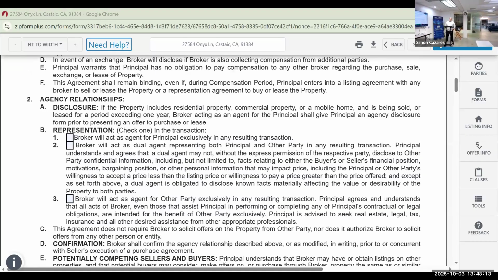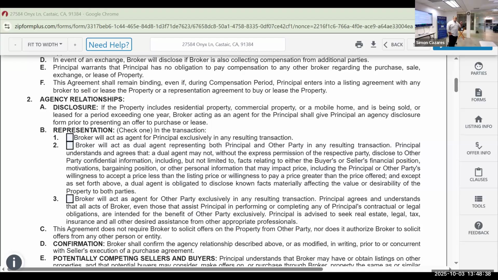Because remember, with everything now, you don't necessarily have to utilize a single party compensation because you can submit an offer on behalf of a buyer, right? Submit an offer. That offer states that you have a buyer representation agreement in place.